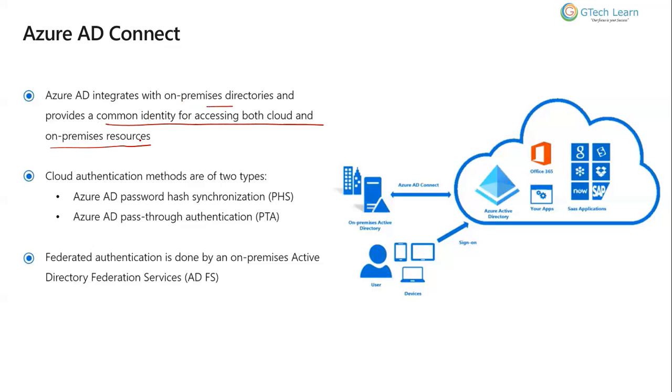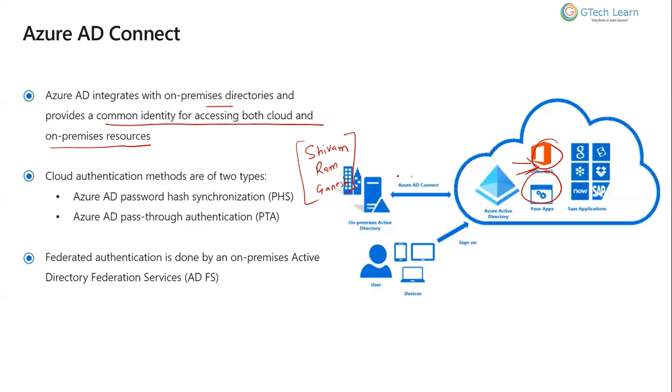For a quick example, in my on-premises Active Directory, I am having user Shivam, I'm having my user Ram, I'm having my user Ganesh here, and I am having Office 365 and different SaaS applications associated with my Azure Active Directory, and I need to give those resources access to my on-premises users.